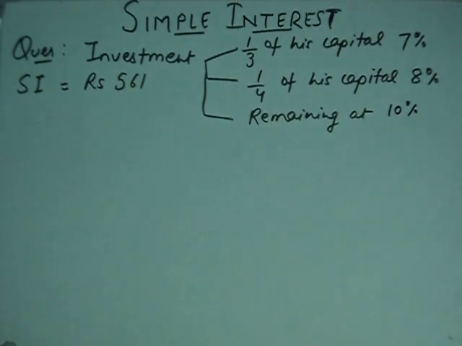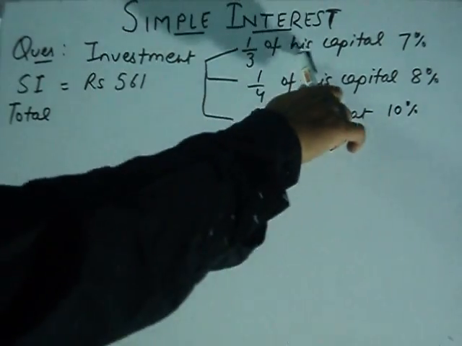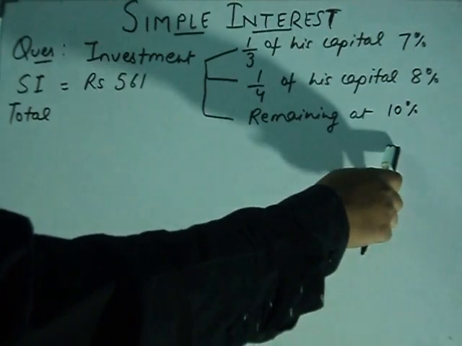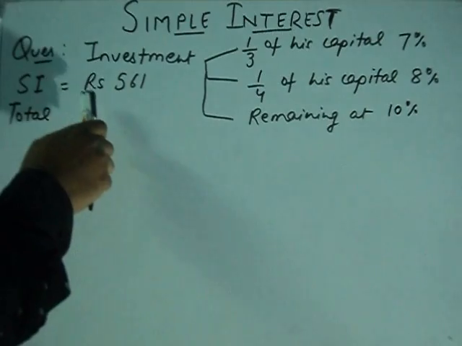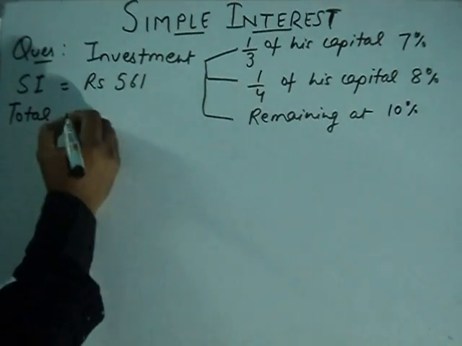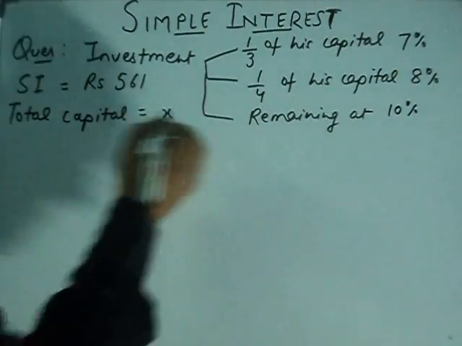So what we have to do in this question is, firstly we assume our total capital, calculate interest on each of these values, and after addition equate it with 561, and after solving we will get our total capital. Let our total capital be x.